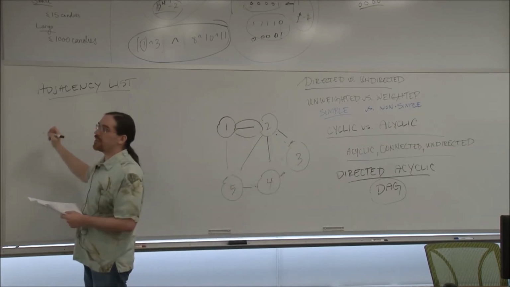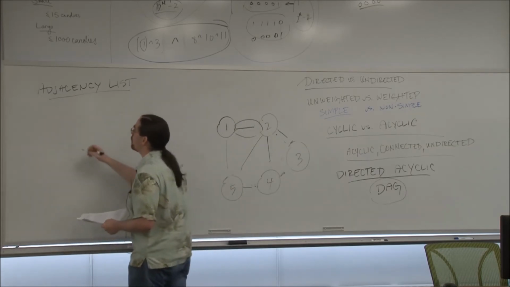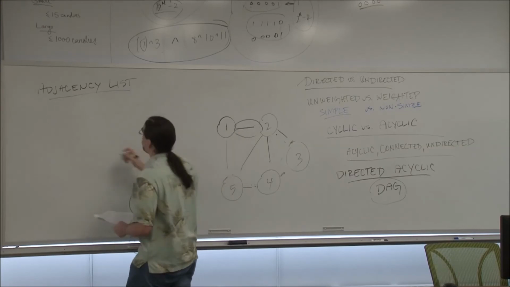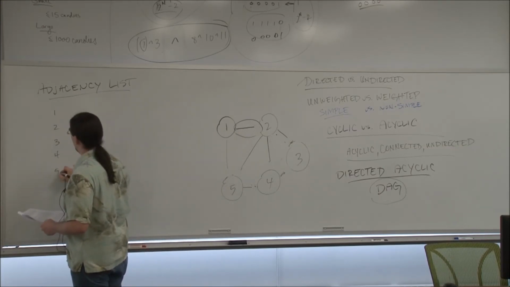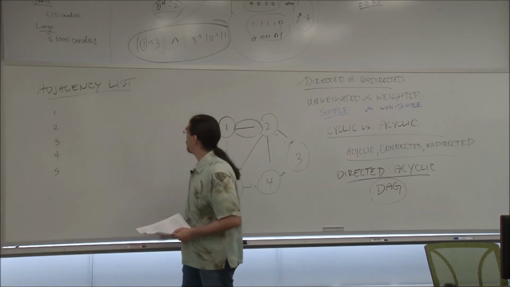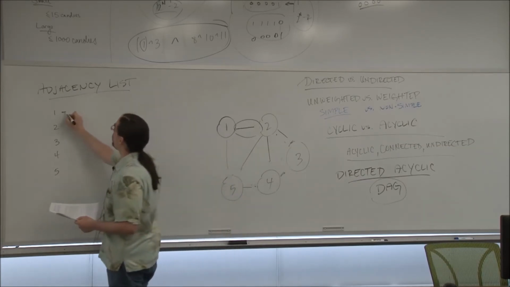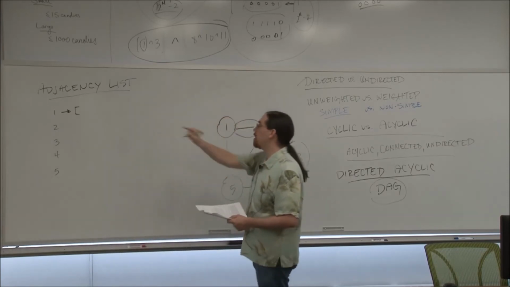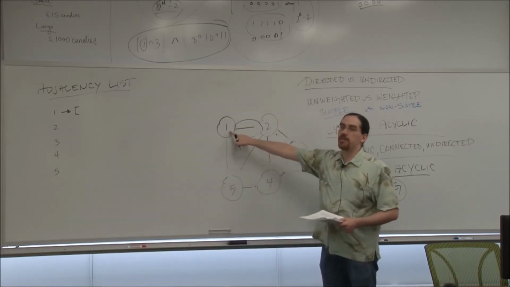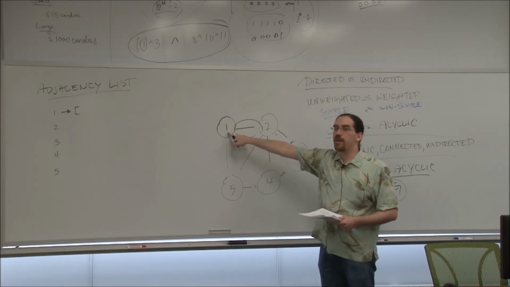And the way this works is it's a list of lists. So we start off with a list of length V, with keys 1, 2, 3, 4, 5. And then each of those has a list associated with it that tells you what edges this node is a part of.